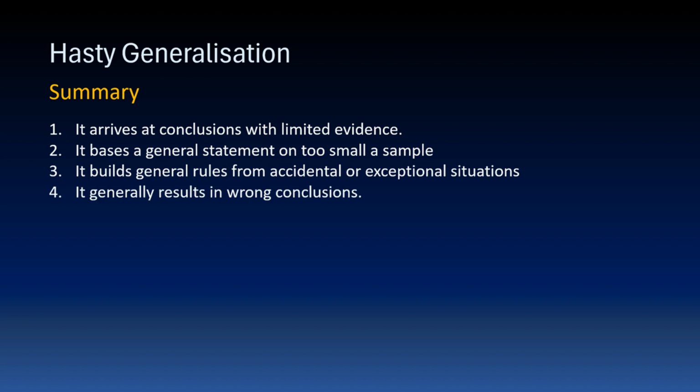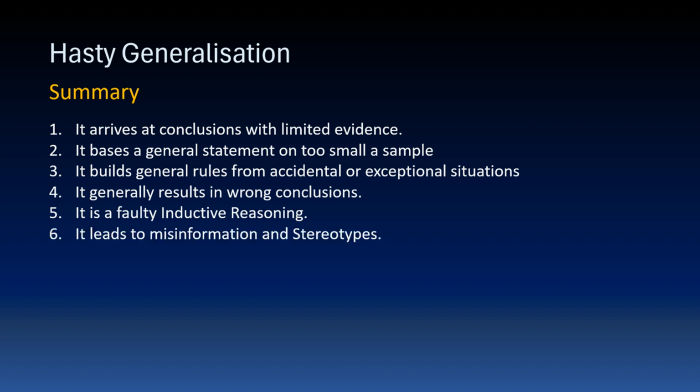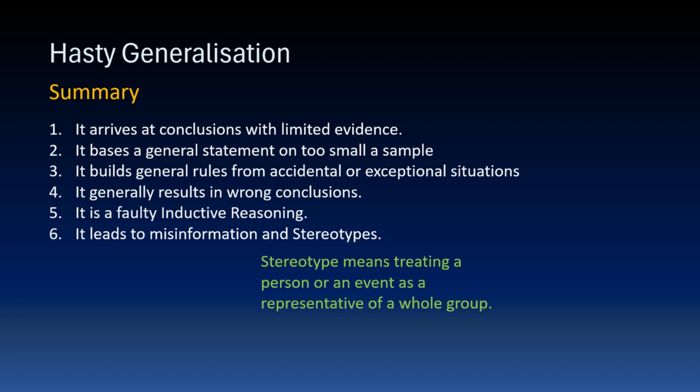It generally results in wrong conclusions. It is a faulty inductive reasoning. It leads to misinformation and stereotypes. Stereotype means treating a person or an event as a representative of a whole group.